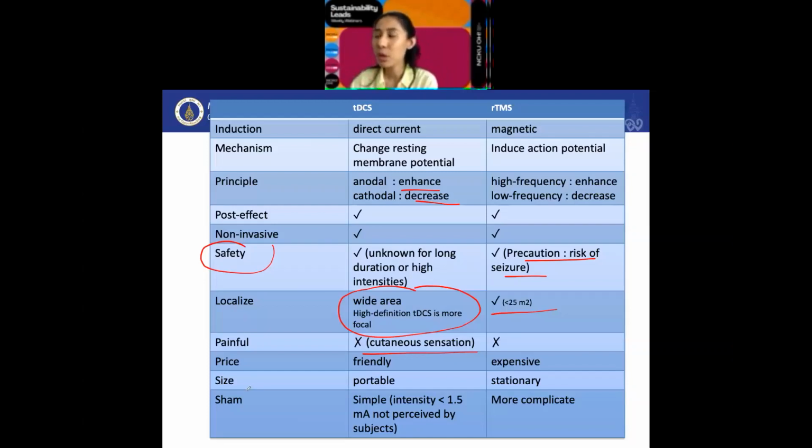So if you design your sham protocol, you just give the stimulation to your participant for less than 2 minutes, okay? But for TMS, it's more complicated.